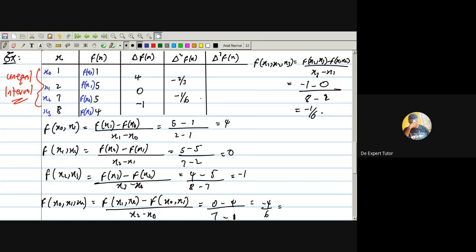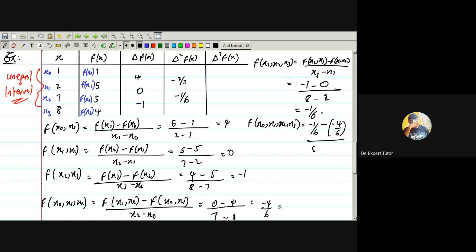Lastly, we want to get this one, which is what? f of x naught, x1, x2, x3. We already know what the formula will be. It is f of x1, x2, x3, which is minus 1 over 6, minus f of x naught, x1, x2, which will become plus 4 over 6, all over x3 minus x naught.